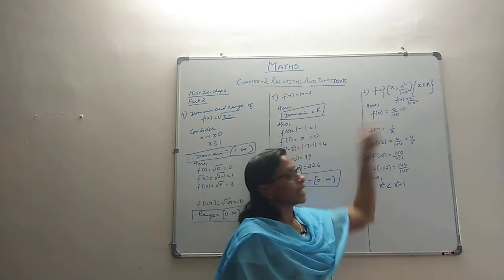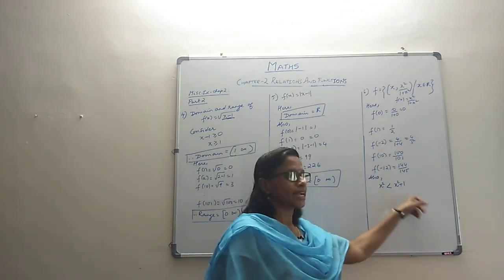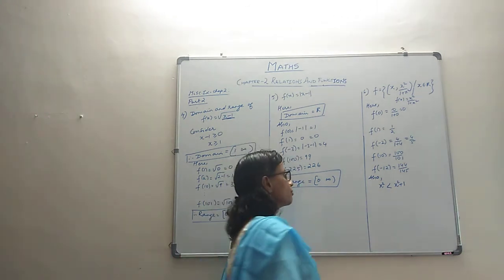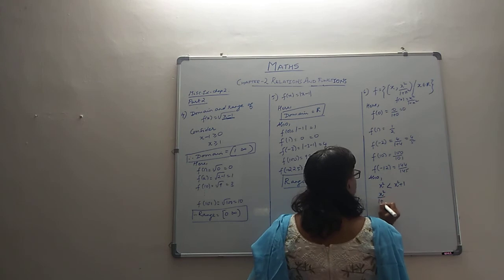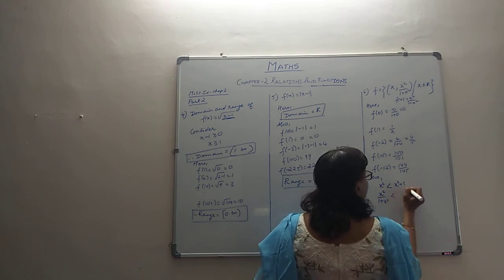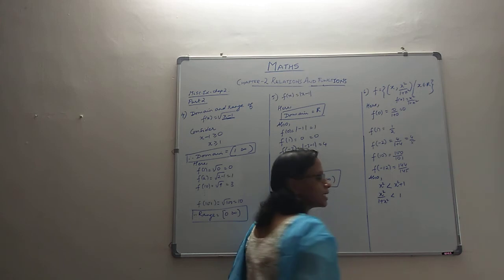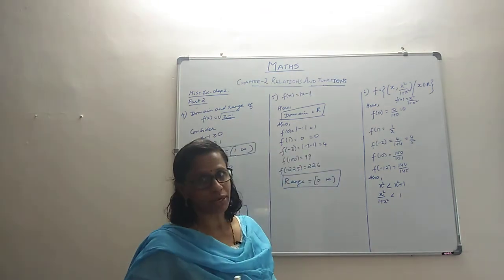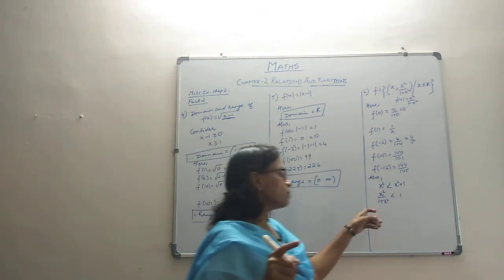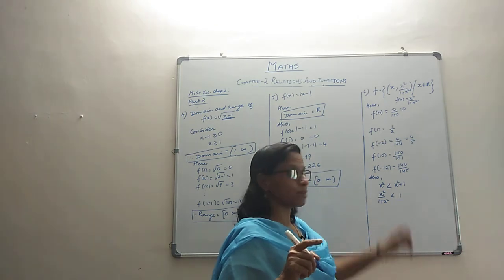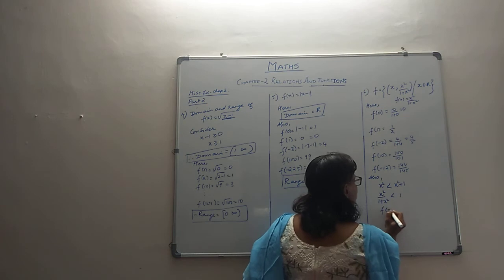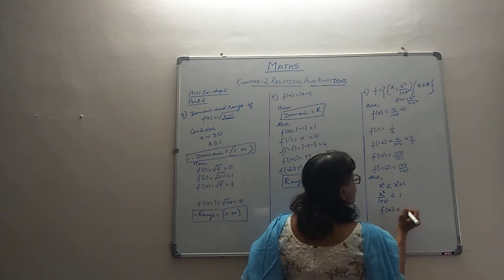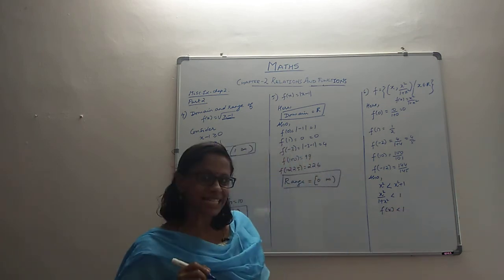Now, in order to get this function, we divide both sides by 1 plus x squared. Here it becomes 1, and this side is f of x. So we have got f of x to be something that is strictly less than 1.